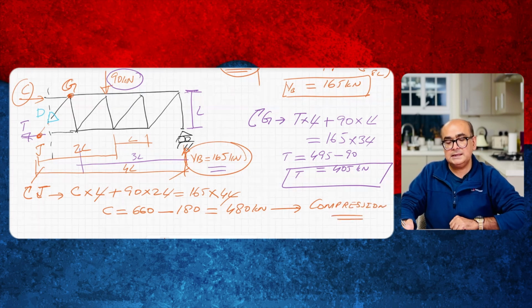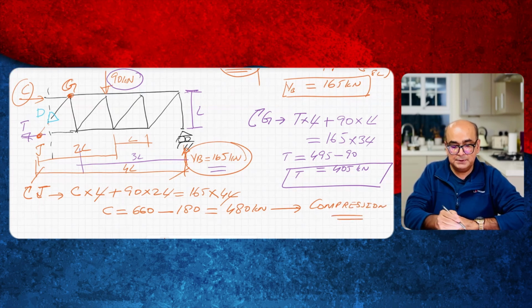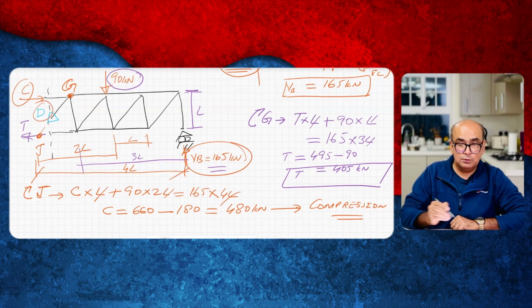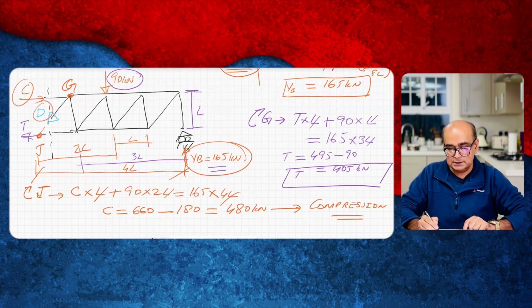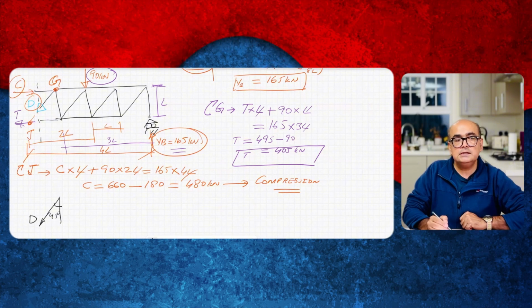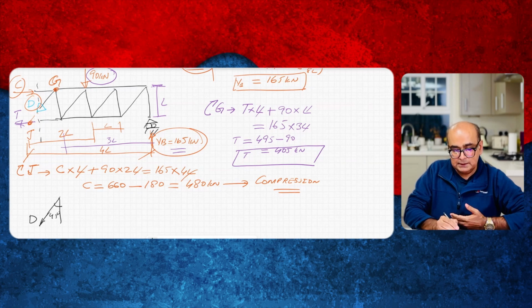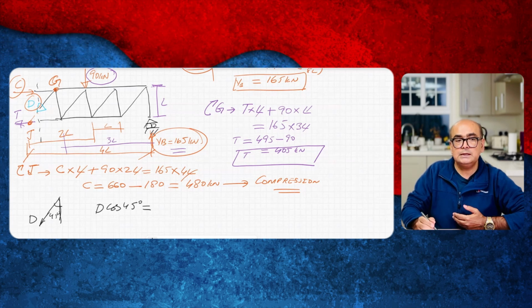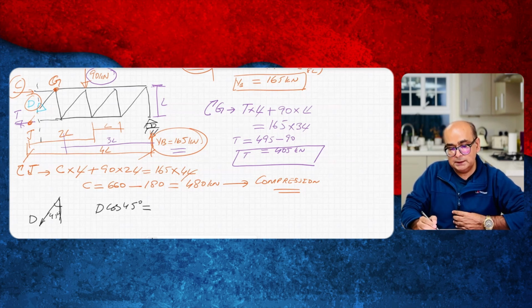So this is our maximum force, but for completeness I will find out loading in diagonal as well. So let's see what will be load in diagonal. So this angle is 45 and this is D. So D sine 45 or cos 45 will give me the vertical component. Vertical here will be D cos 45, and that will be equal to unbalanced vertical load.